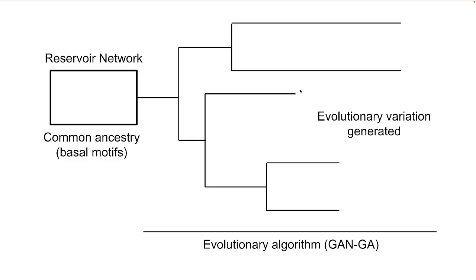Each terminal branch of our phylogeny contains different taxa, different endpoints of a lineage. Then we'll take these endpoints and combine them into a hypergraph later. But we do need to have this evolutionary variation generated in a way that is interpretable to these phylogenetic relationships.